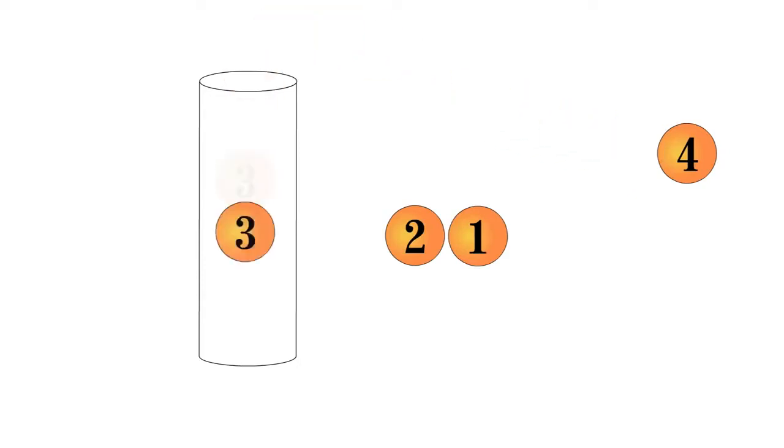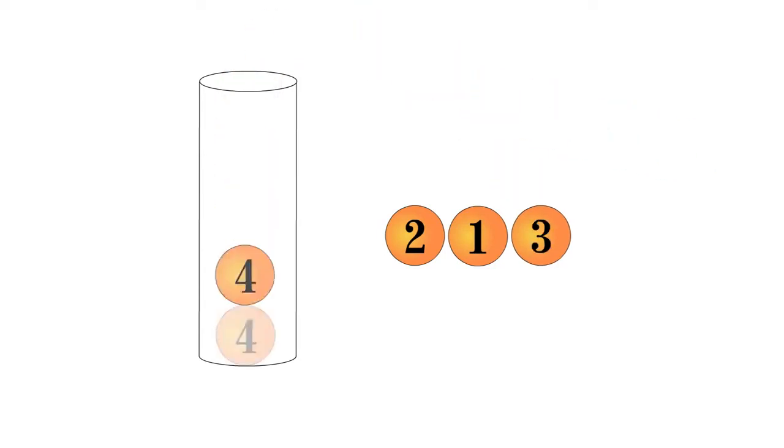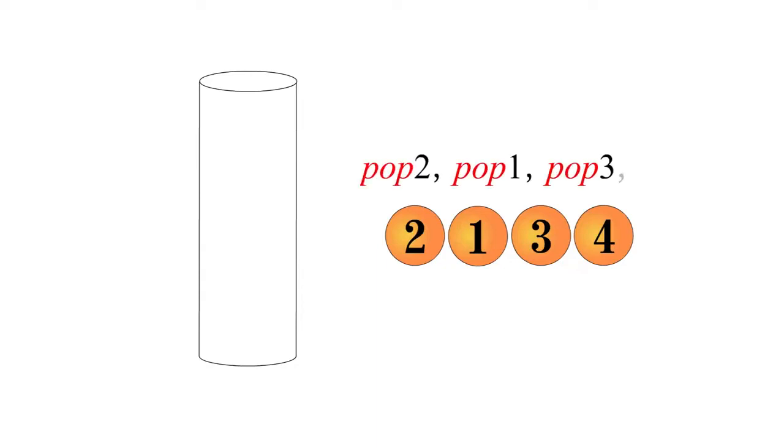Let's see, 3 enters the stack next and has to be used immediately. Then 3 has to leave the stack. Of course, we can also have 4 entering and then leaving. Now this given example tells everyone that for the 4 elements 1, 2, 3, 4, a possible popping sequence is 2, 1, 3, 4.